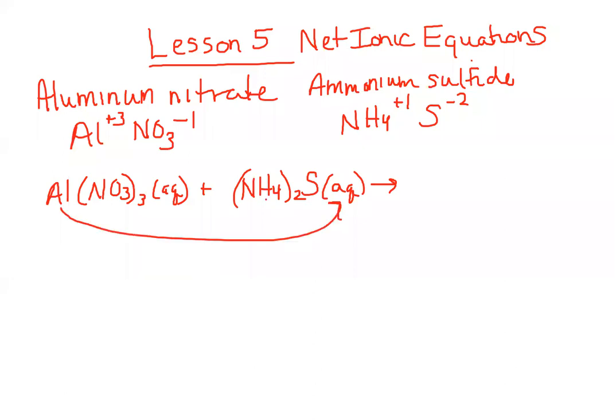And we're going to take this and put it with that. So we got Al and S. And aluminum has a +3 and sulfur has -2. So that becomes Al2S3. Whoops, I put that in the wrong spot.